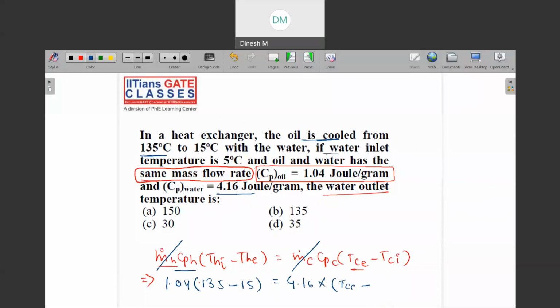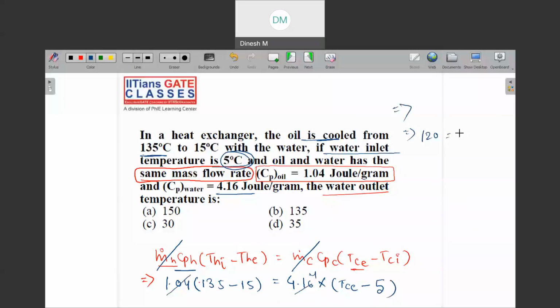So this is minus 5. Then you see that 1.04, this is 4.1, this is exactly 4 times. So it is 120, this is 4 mC times TCE minus 20.